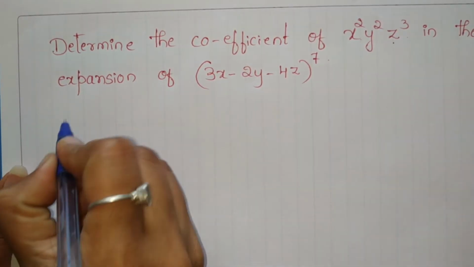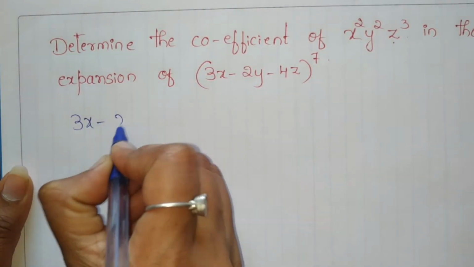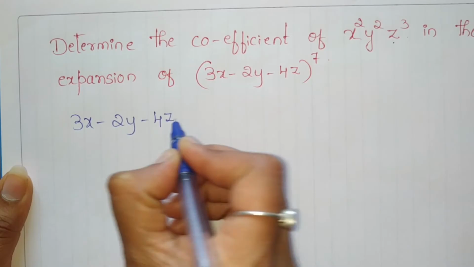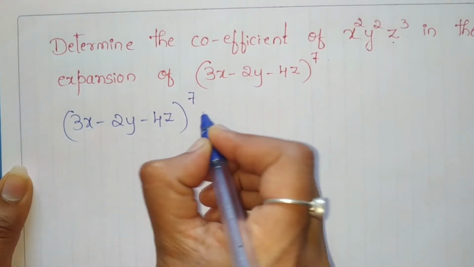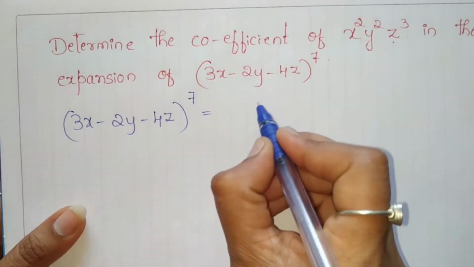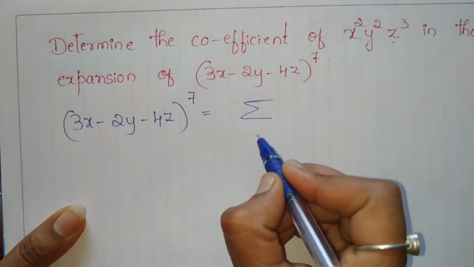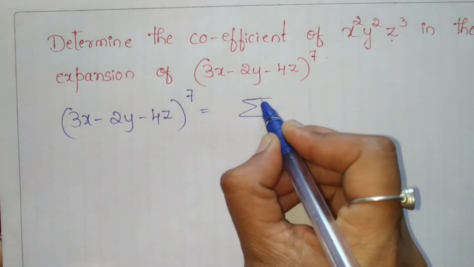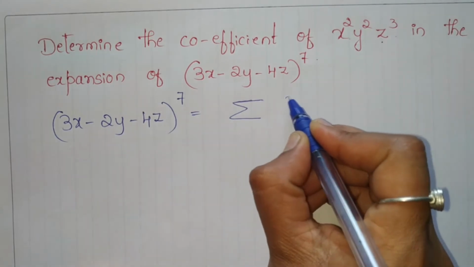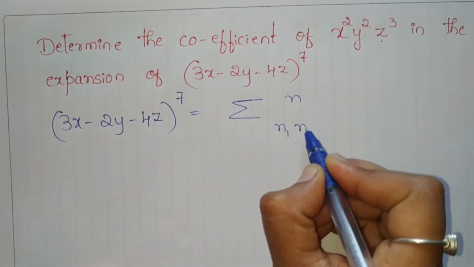I will write that 3x minus 2y minus 4z raised to 7 can be written as the expansion of this, the summation of n, n1, n2, n3.